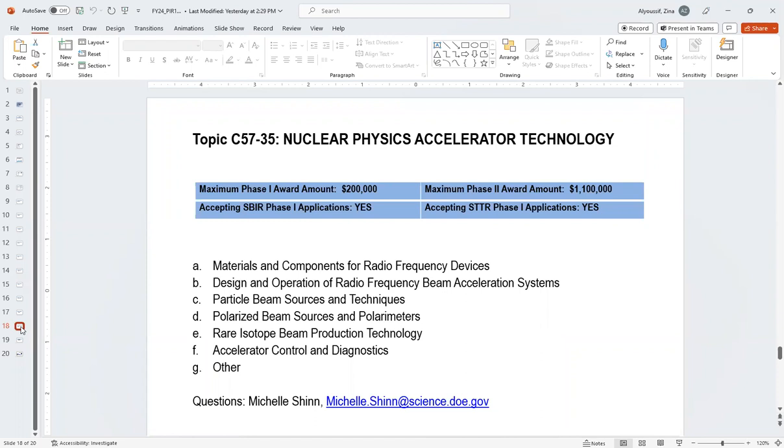Moving on, we get to the last subtopic with content, and that's control and diagnostics. Clearly, electron beam diagnostics are not going to be the same as what you're doing with different ion species. So we actually break out the requests by the community to what we are looking at.